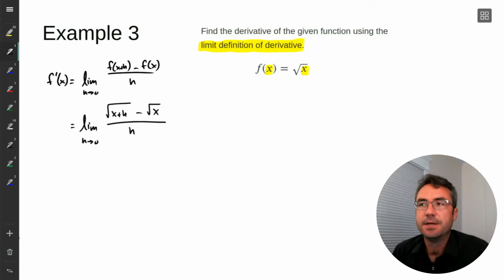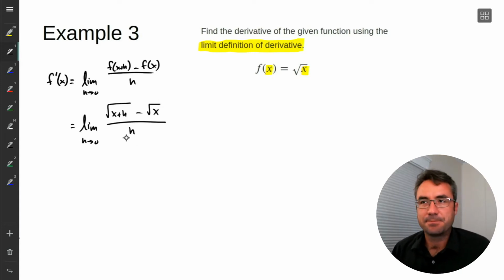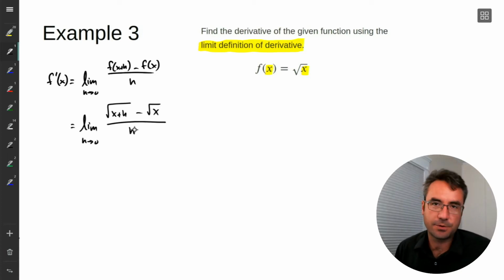All right. So we want to calculate this limit. And for all of these problems involving the limit definition of derivative, they're all 0 over 0 indeterminate forms. Because, well, you can try plugging h equals 0 into this. You get 0 on the top, you get 0 on the bottom.